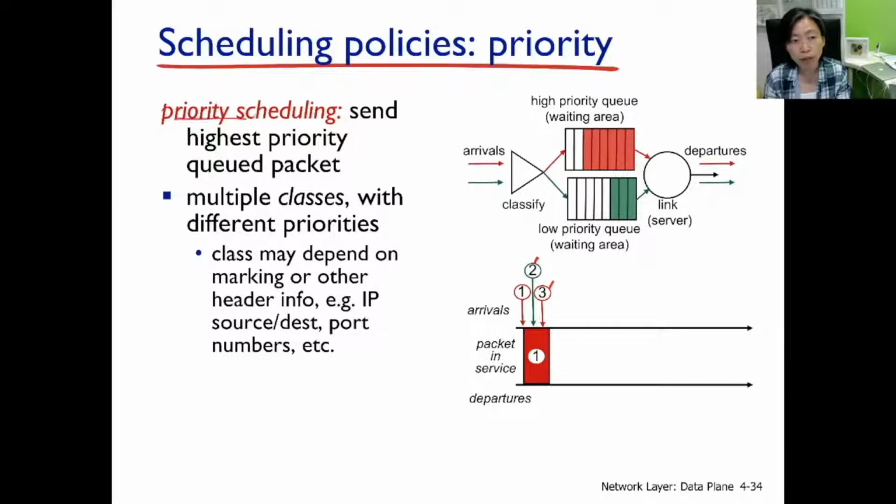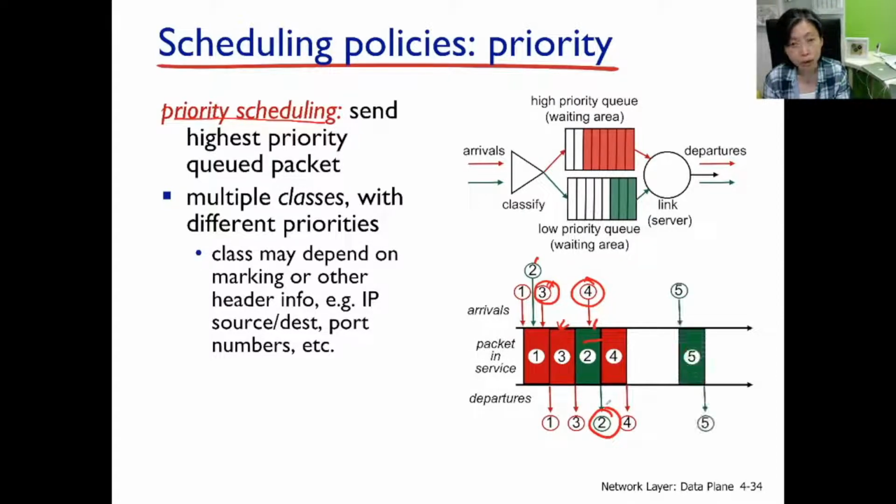In priority scheduling, which of these two, 2 or 3, will be scheduled next? Always the one with the higher priority, which means 3, right? And then 2. Now, while we serve packet 2, if packet 4 arrives, right after packet 2 exits we serve 4, and so on and so forth.